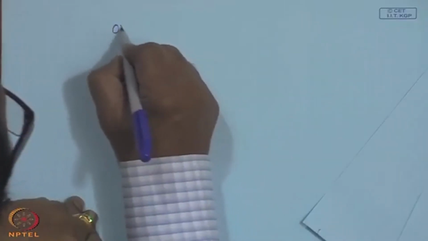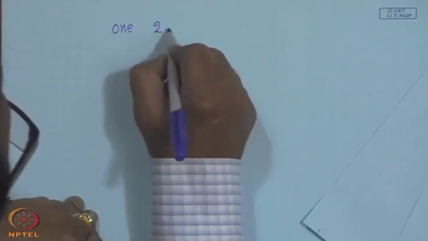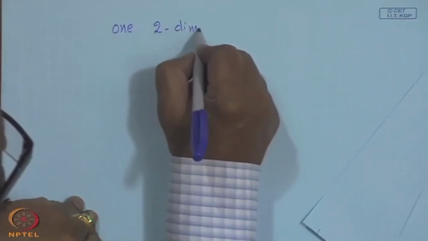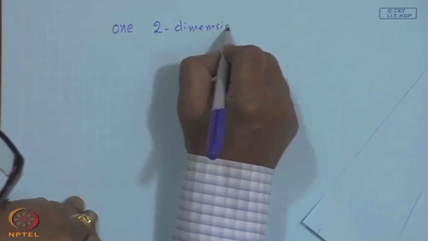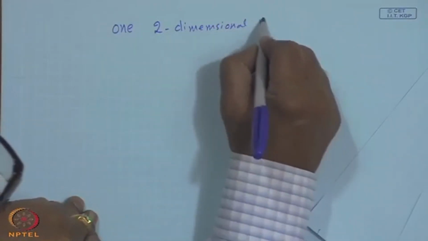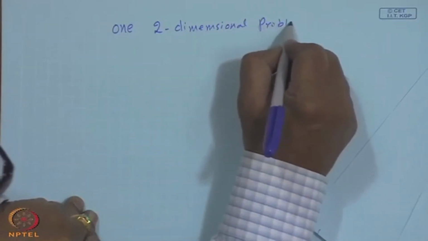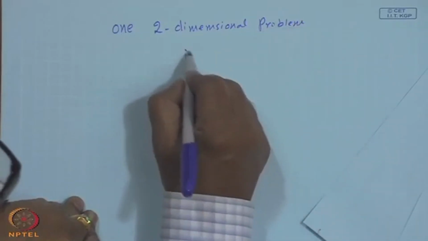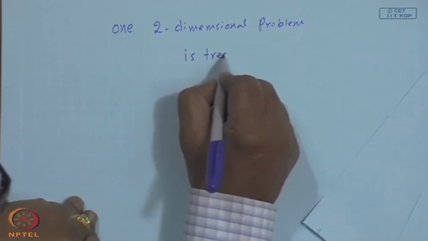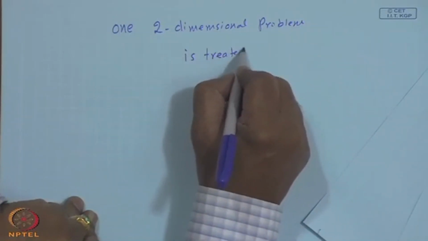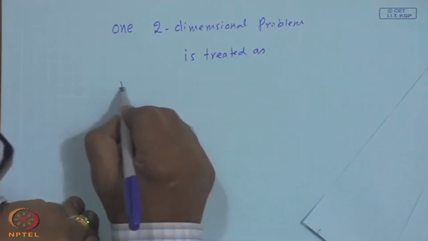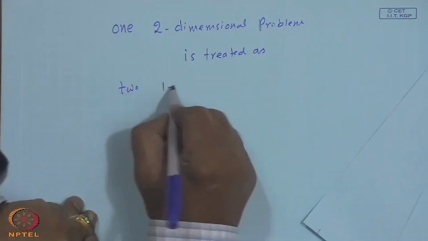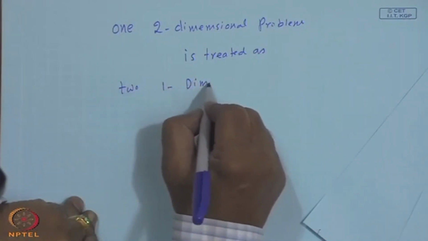So, in mathematical language, a two-dimensional problem is treated as two one-dimensional problems.